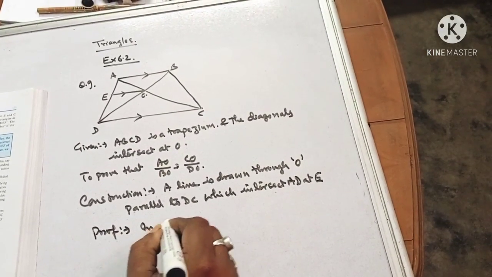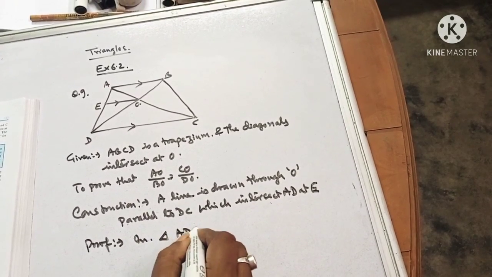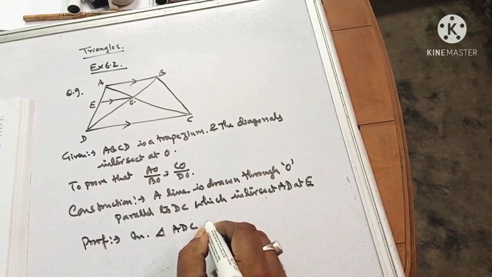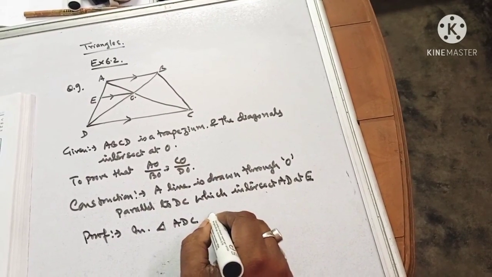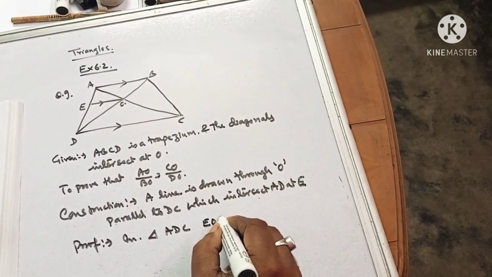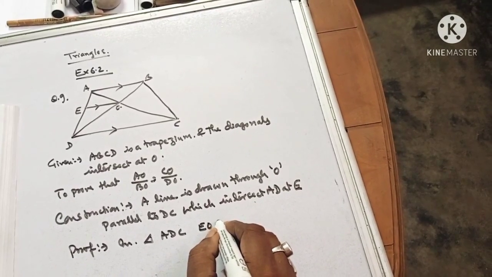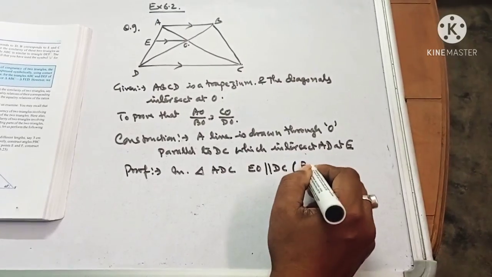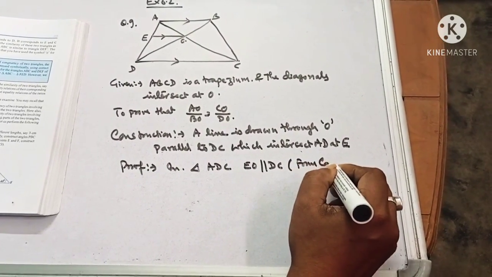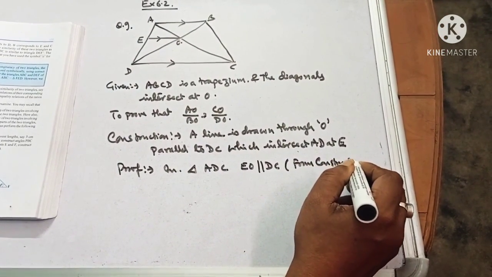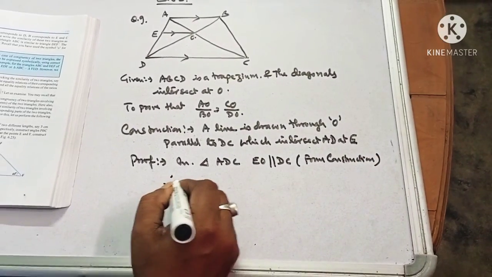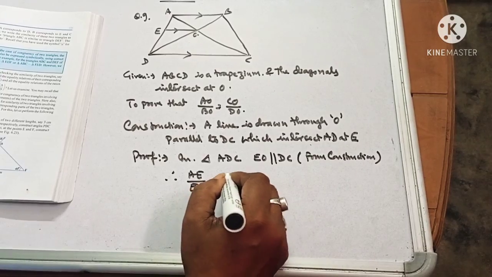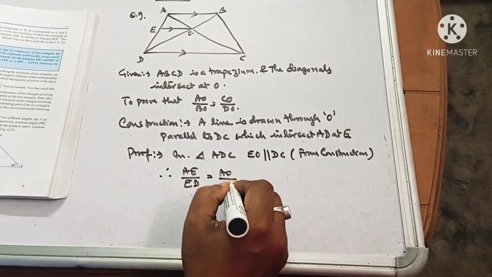In triangle ADC, EO is parallel to DC. This I got from construction. Therefore AE by ED is equal to AO by OC.